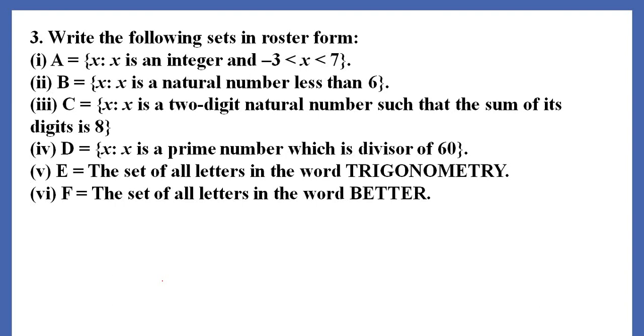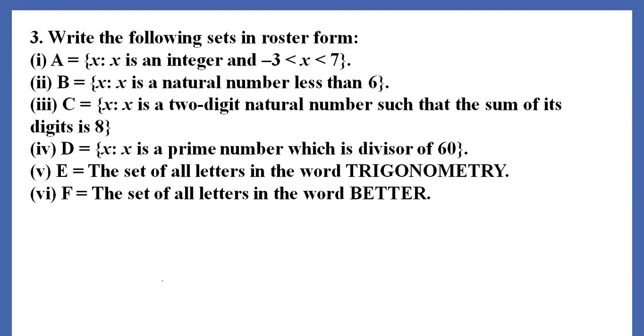Now the sets are given in each of the questions in set builder notation, and you have to convert each of the set builder notations into roster form. And what do we mean by roster form of a set?